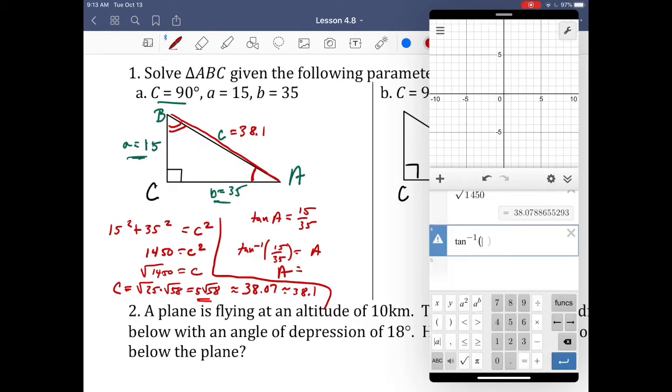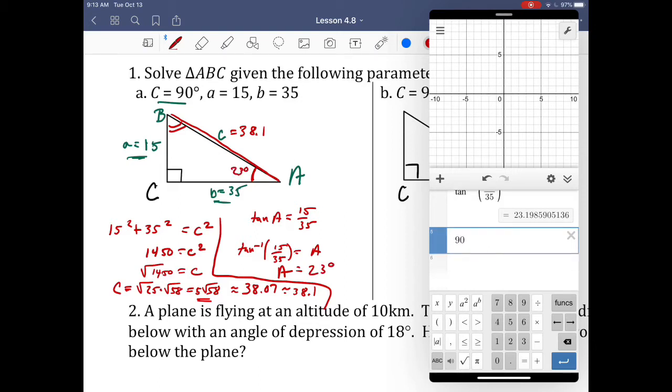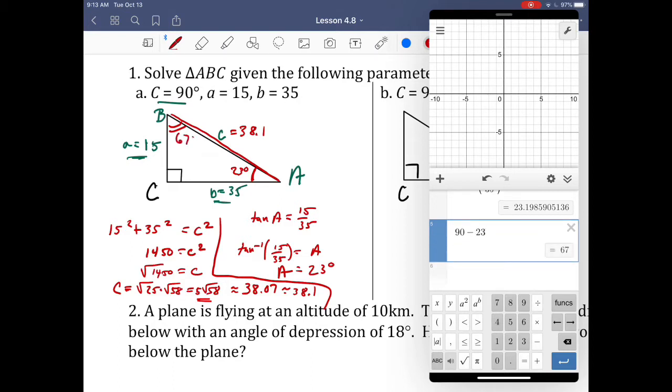So inverse tangent of 15 over 35 gets you 23 degrees. And then just for kicks, I'm going to do that with a calculator, 67 degrees.